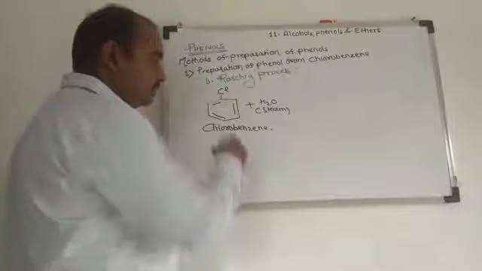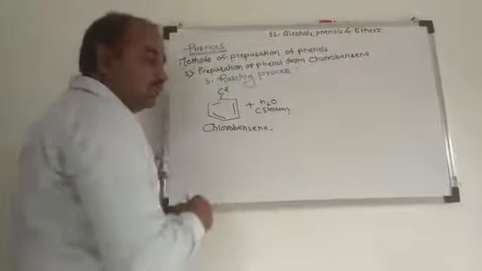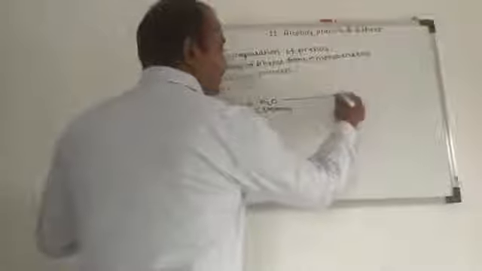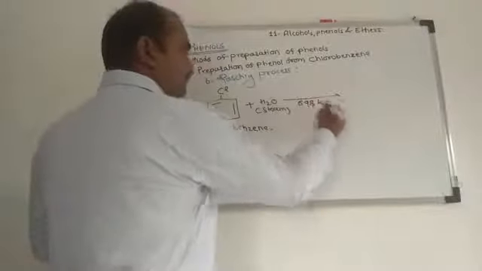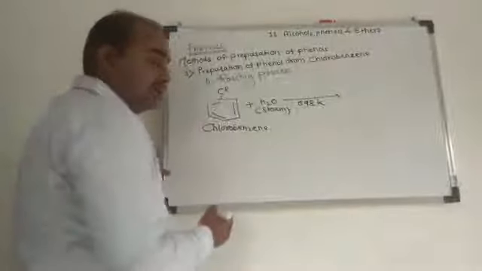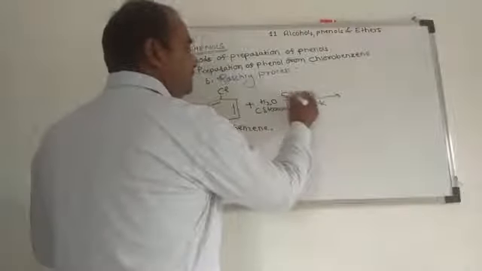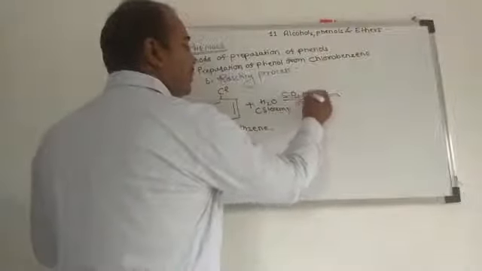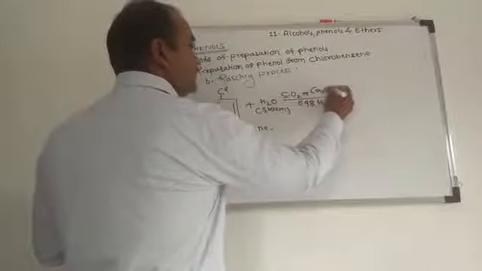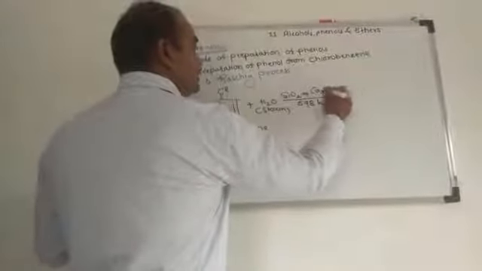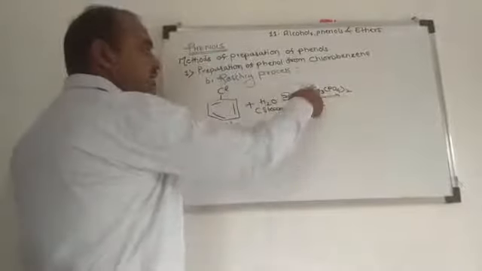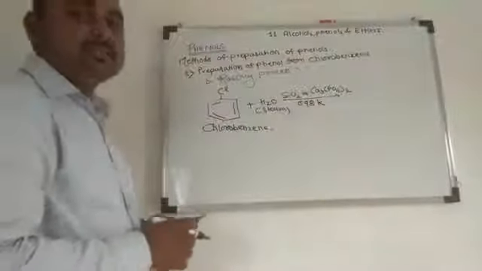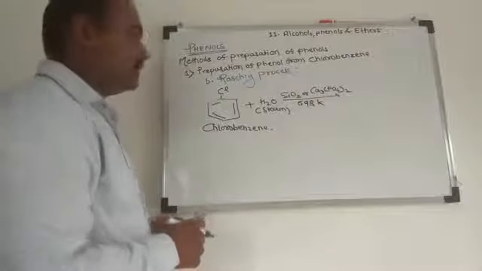Chlorobenzene is heated with steam at 698 Kelvin in the presence of catalysts such as silica or calcium phosphate, that is Ca3(PO4)2. So these two are catalysts here.